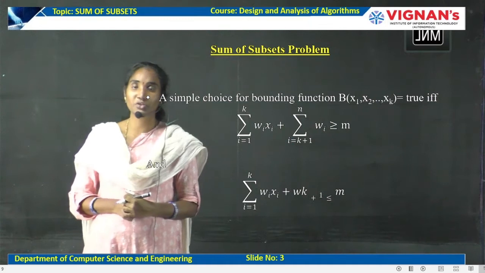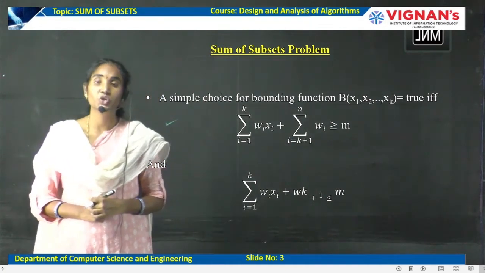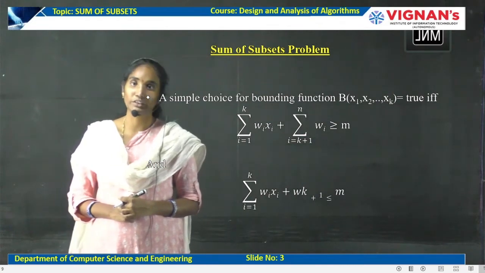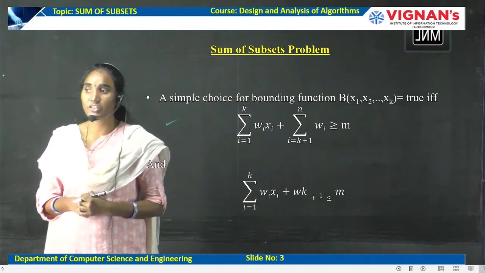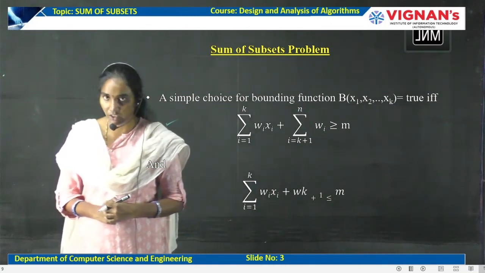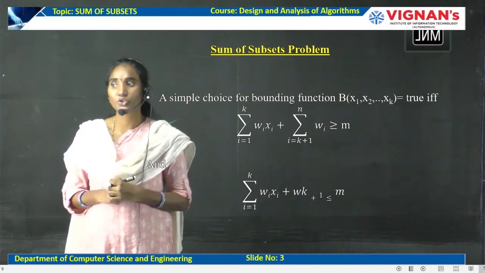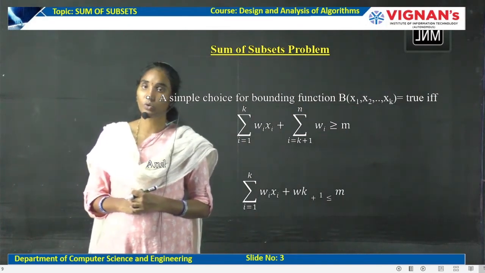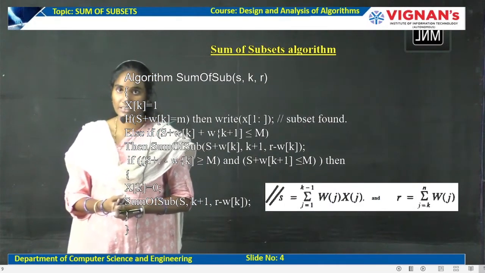That is, summation wi xi plus summation wi should be greater than or equal to m. M is a sum. And also summation i equal to 1 to k wi xi plus wk should be less than or equal to m. Right? Now this is an algorithm for sum of subsets.